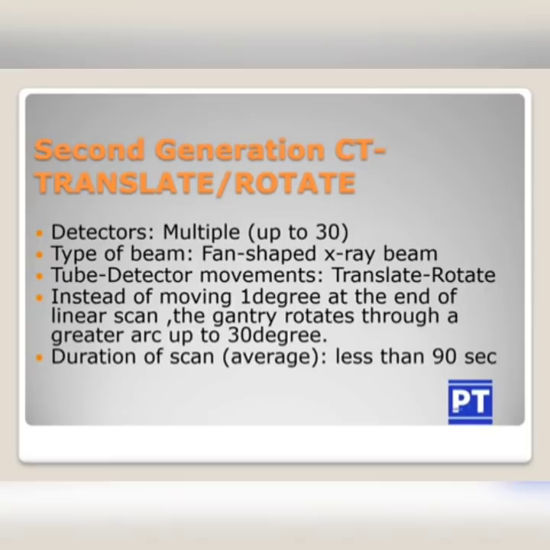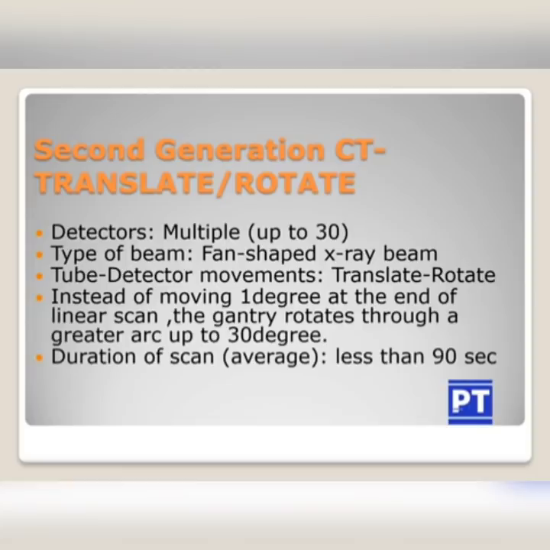The tube detector movement is the same as the first generation, translate-rotate, but instead of moving 1 degree at the end of a linear scan, the gantry rotates through a greater arc, up to 30 degrees. In the first generation, the linear movement takes about 160 steps.